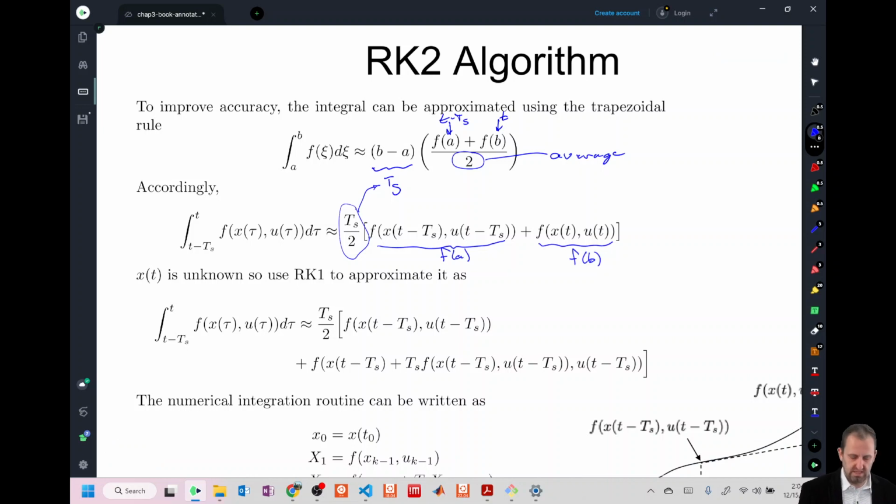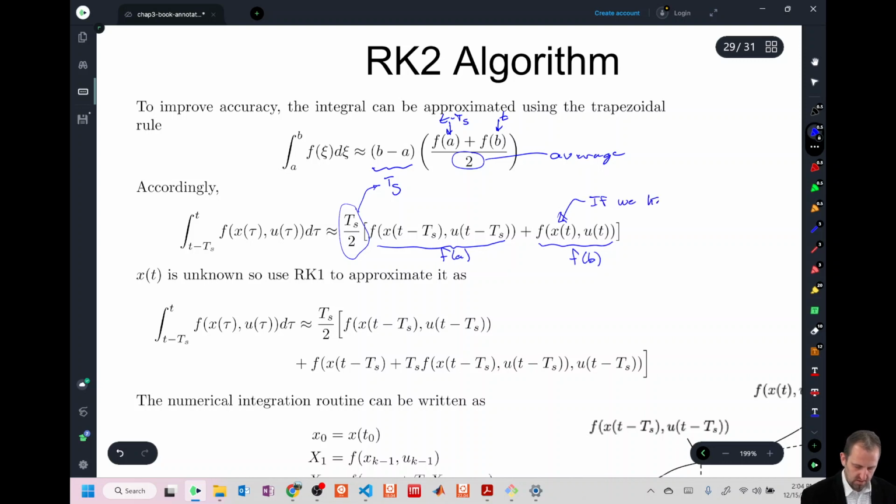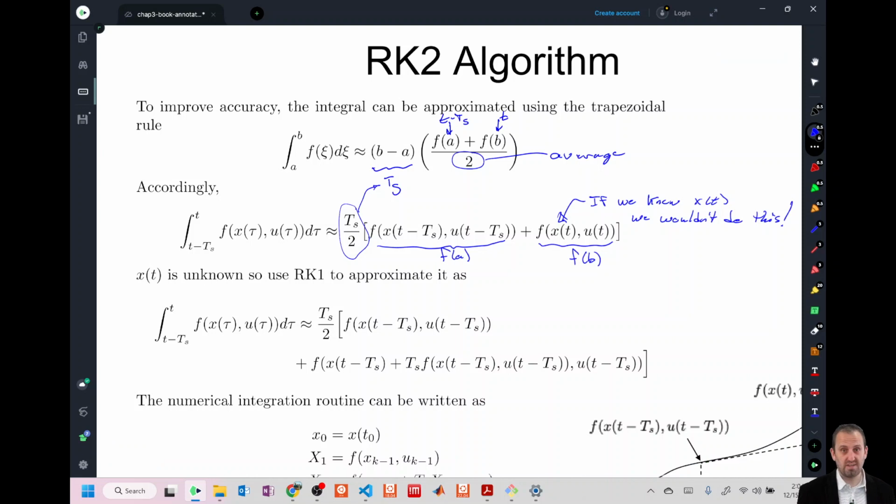Well, the problem is, if we knew x at time t, we wouldn't do this. That's what we're trying to solve for, right?